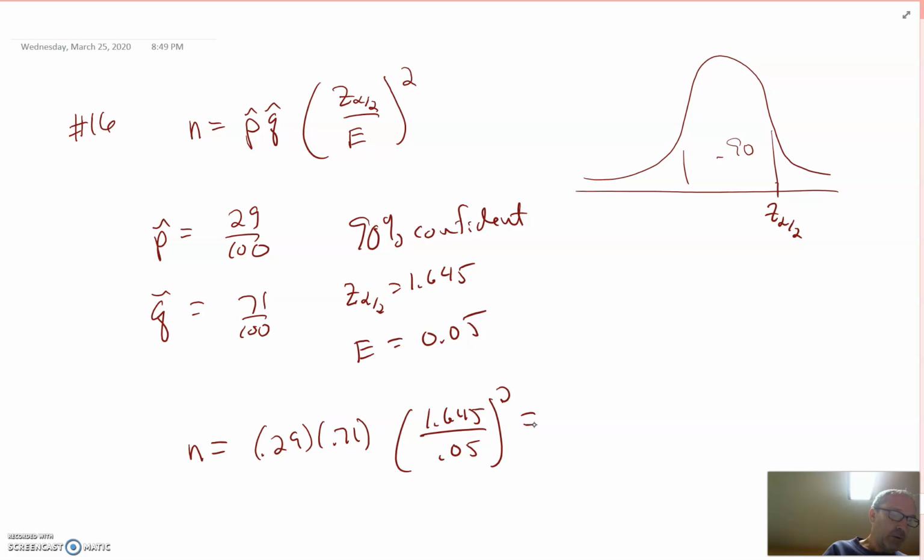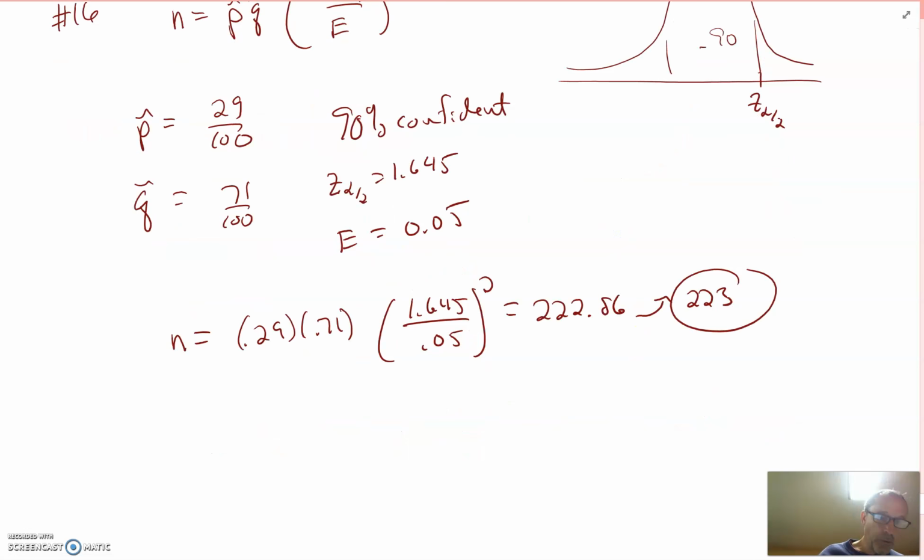So 0.29 times 0.71 times the quantity in parentheses 1.645 divided by 0.05, quantity squared. I got 222.86. We always round up because it's minimum necessary, so you can never go smaller. It's another one of those round up rules.